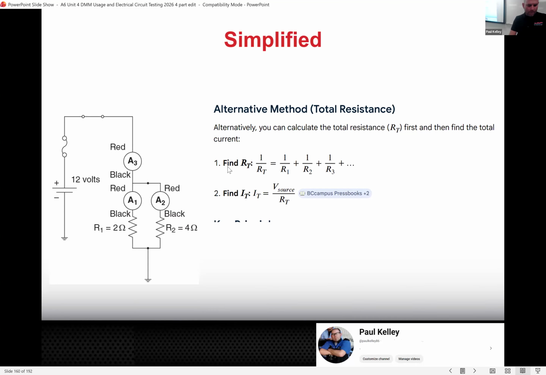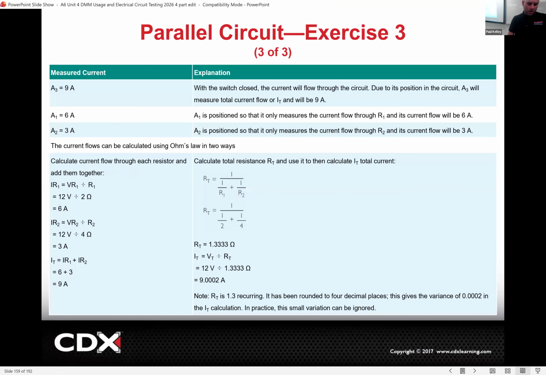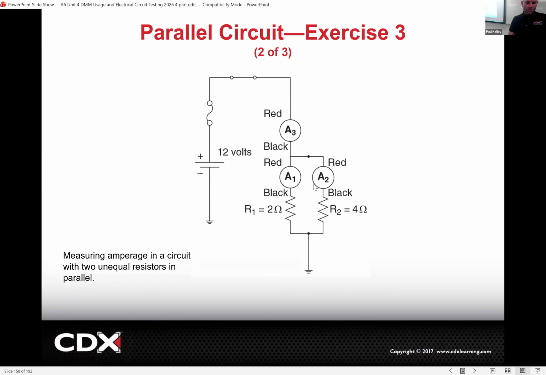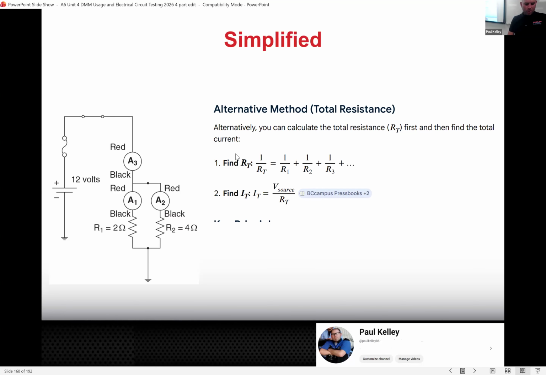So if you wanted to find the total resistance, and see, that's kind of the problem, back here, if you wanted to find total resistance, it gets a little bit weird. If you did want to find that, not amperage, but resistance. Resistance total: 1 over resistance total equals 1 over resistor number 1 plus 1 over resistor number 2 plus 1 over resistor number 3.